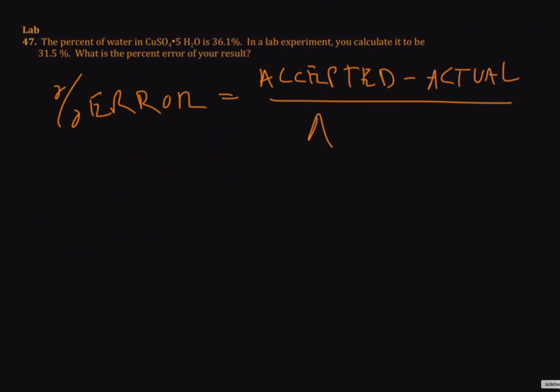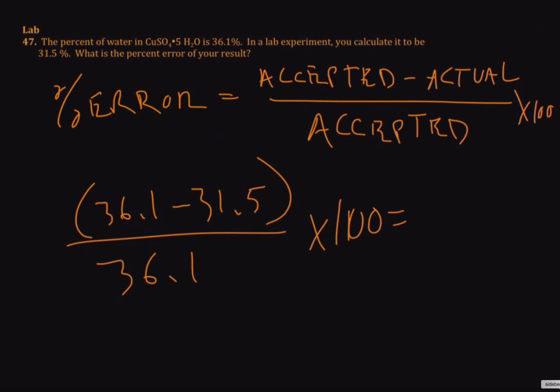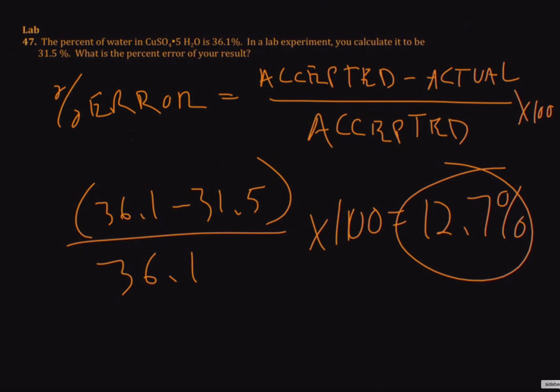You divide that by the accepted value, and then you multiply by 100 to make it a percentage. So we plug in the numbers, and it's 36.1 minus 31.5 divided by 36.1 times 100, which would equal 12.7% error.